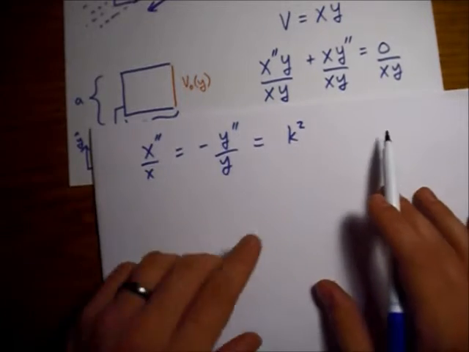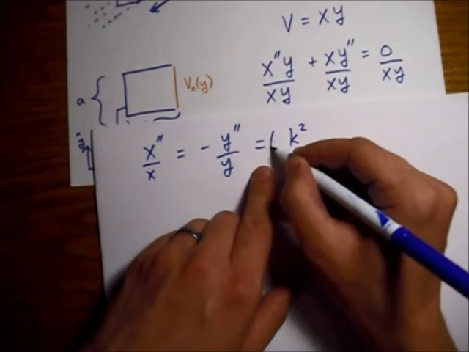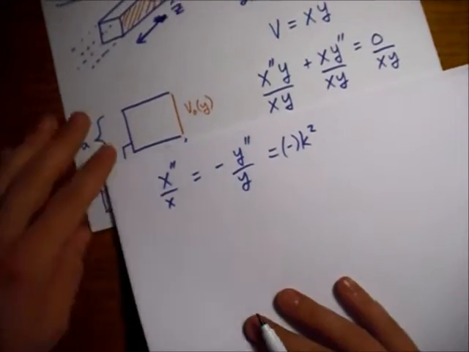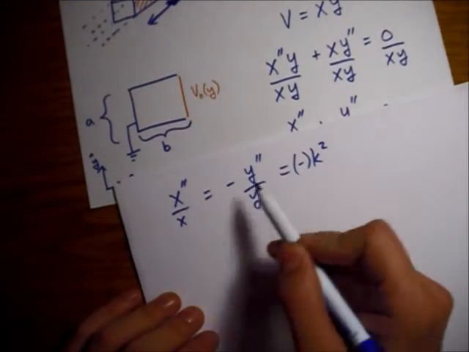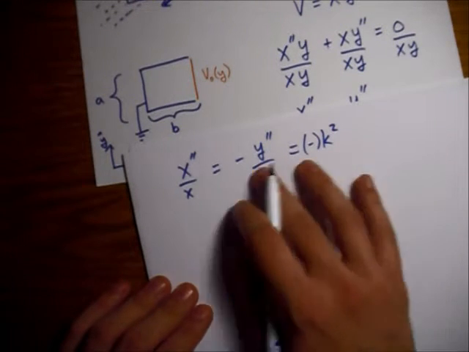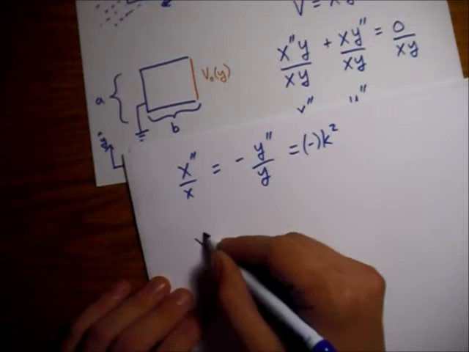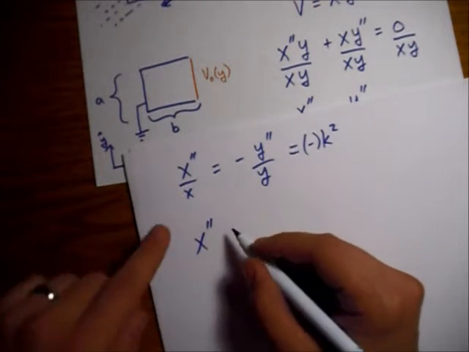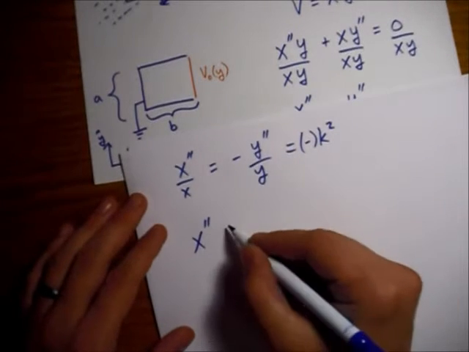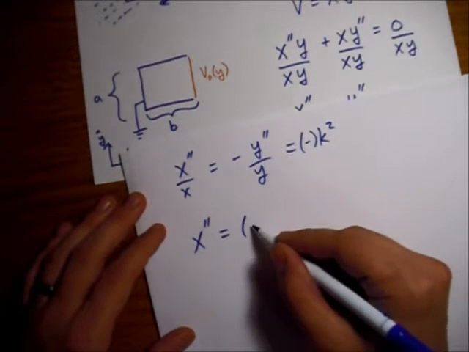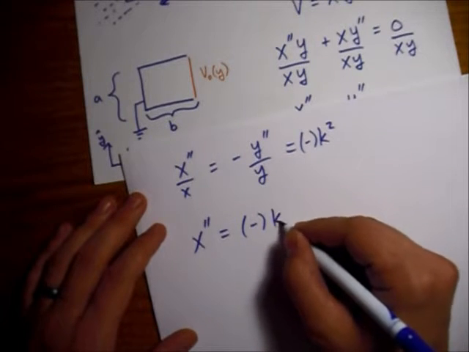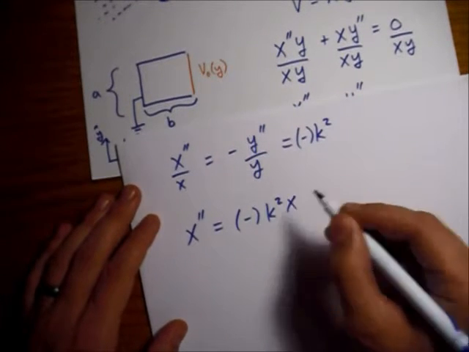Let's look at our equations real quick, because what we want to do is decide whether there is a minus sign in here. Let me write out each of these equations separately, just as they are written right now. I have X double prime, and multiplying both sides by X, I'm going to include this minus sign for the moment, in parentheses still.